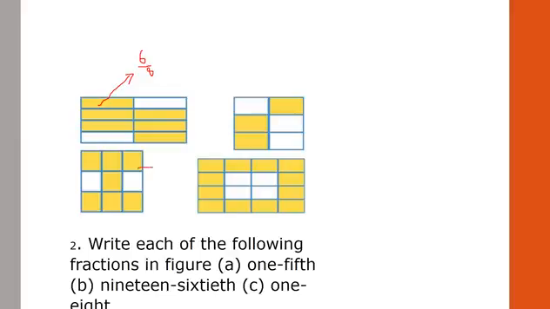This one also, since the question says you should talk about the one that is shaded, I have how many shaded? 1 2 3 4 5 6 7. 7 is shaded, and the entire blocks there are 9.